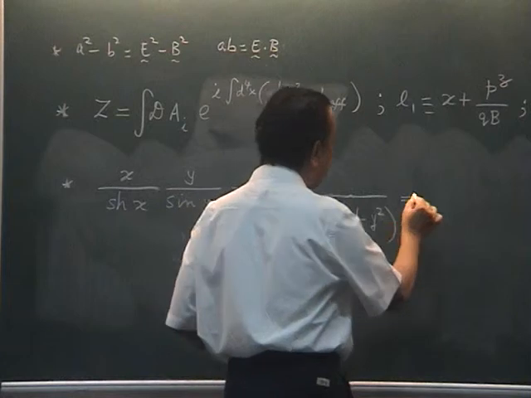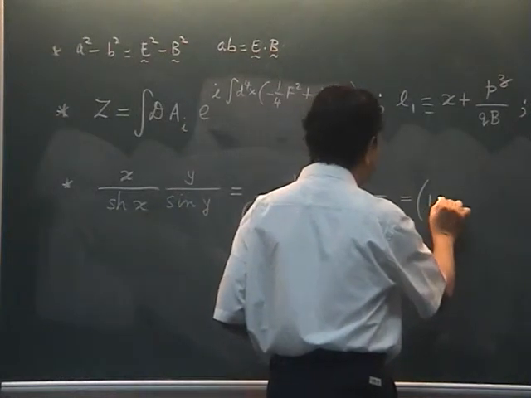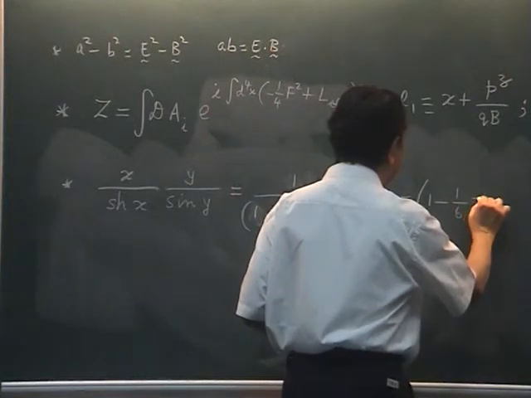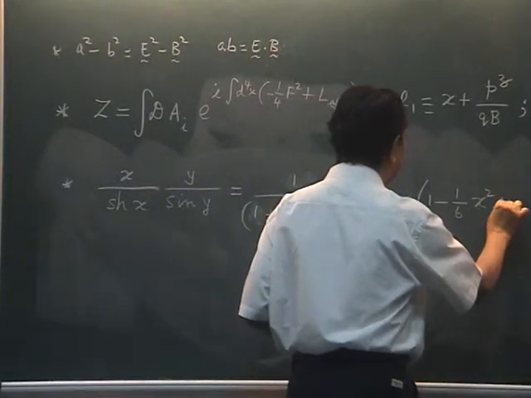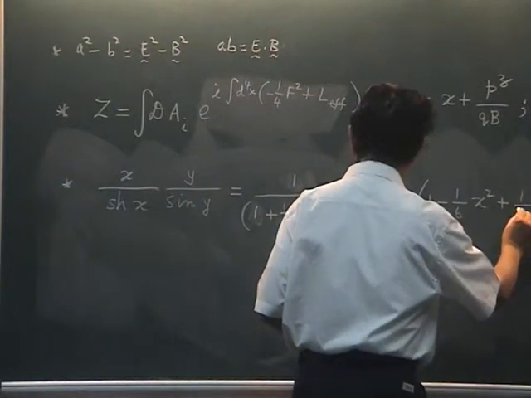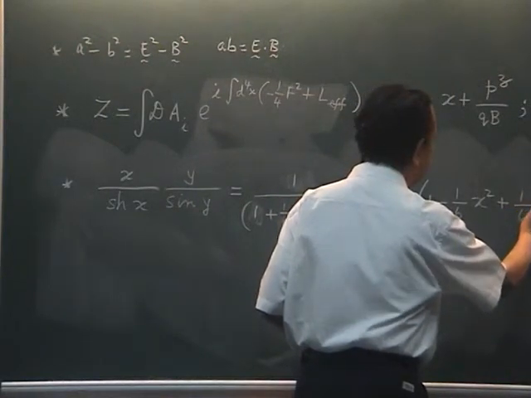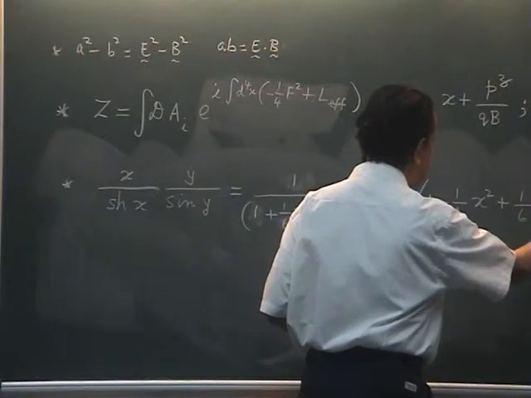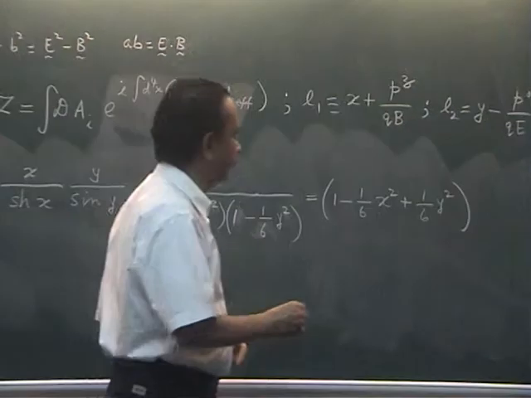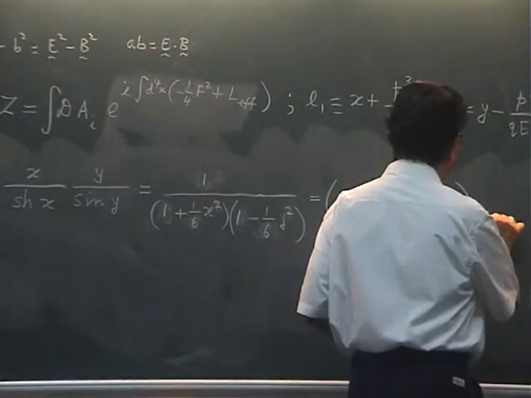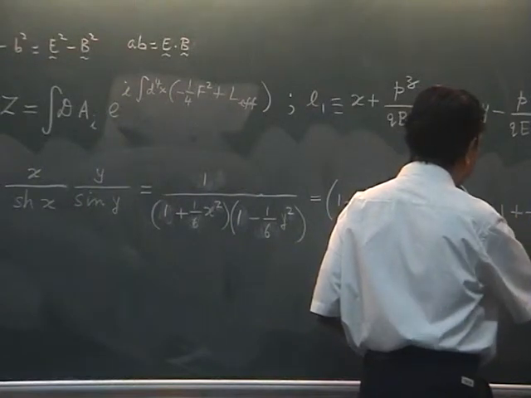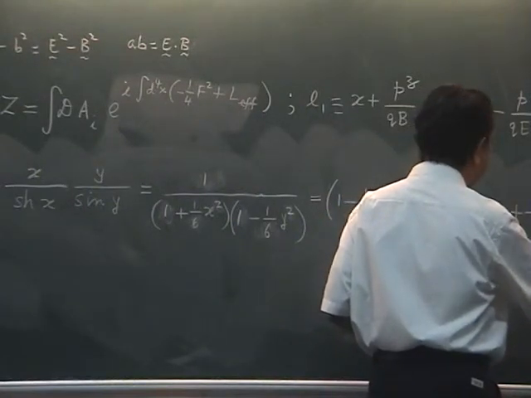So this will be 1 minus 1 by 6 x square plus 1 by 6 y square. Okay, so this is 1 plus 1 by 6 (y square minus x square).